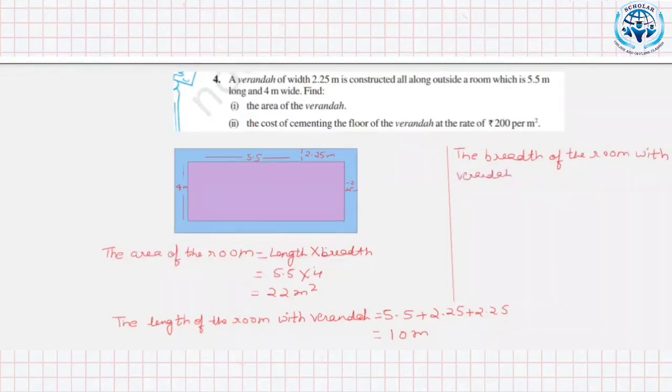Breadth of the room with veranda is equal to 4 plus 2.25 plus 2.25, which is equal to 8.5 meter.